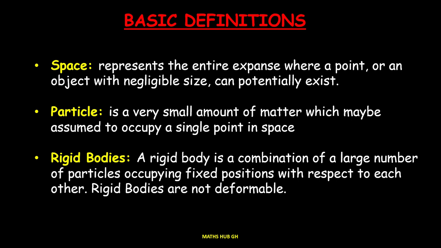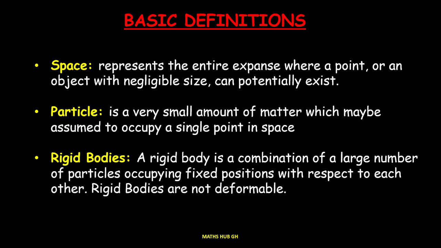So what is happening is that because the particles have fixed positions, no matter the external force that will be applied to these rigid bodies, the position of the particles are still going to be the same. Okay, their positions will not change. So for this reason, the body is not going to change in form or shape. Okay, which means that the body is not going to what? Deform. That is the reason why we say that rigid bodies are not deformable.